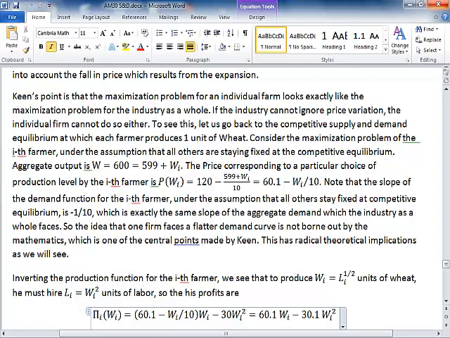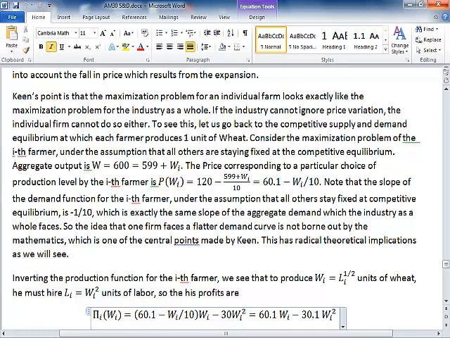What should I do? So I do my maximization problem. Now, it turns out, and this is basically what Steve Keen has written many papers about, that the maximization problem for this one farmer is the same as the maximization problem for the industry as a whole.